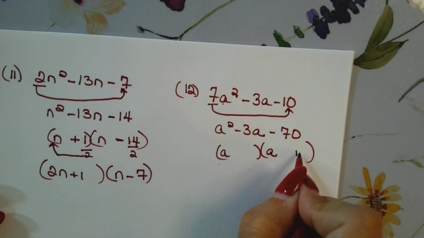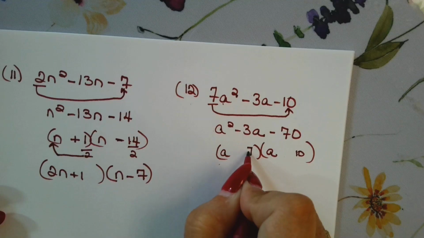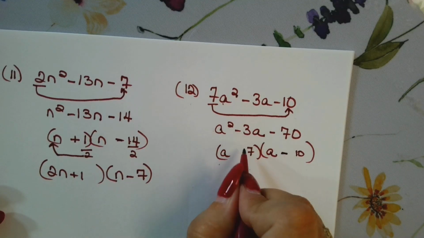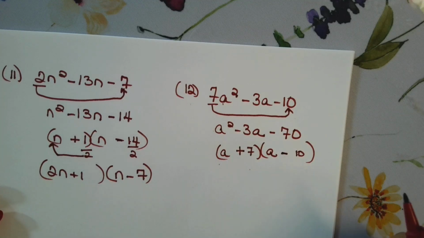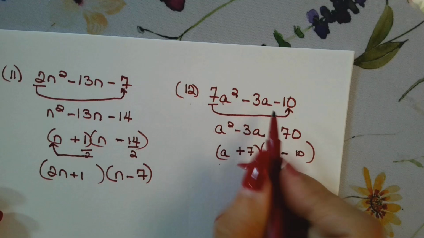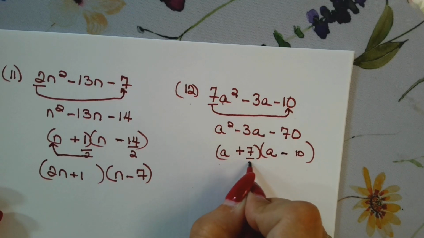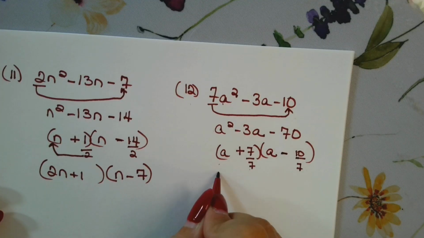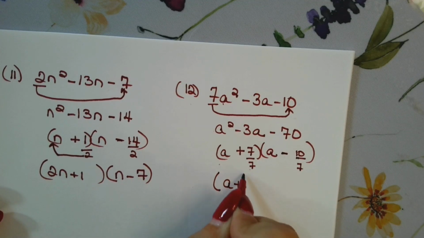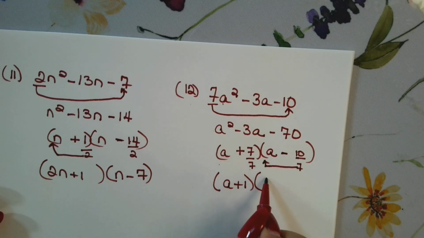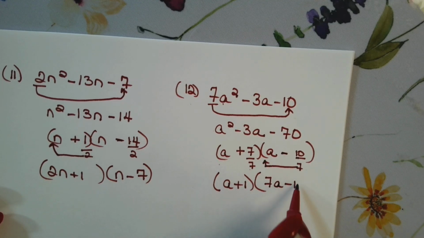We could try 10 and 7. I want negative 10 and positive 7, and that's actually going to work, so that's great. But remember, we multiplied by 7, so now we're going to divide each of these by 7. So this will be a plus 1. And this 7 goes over to the front, 7a minus 10.